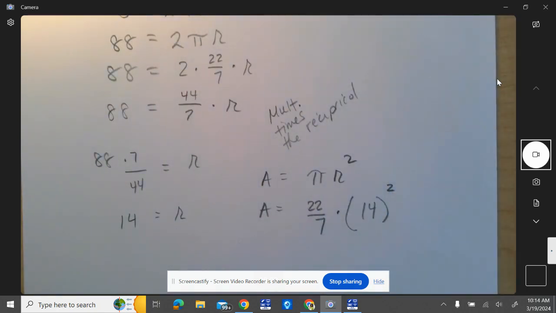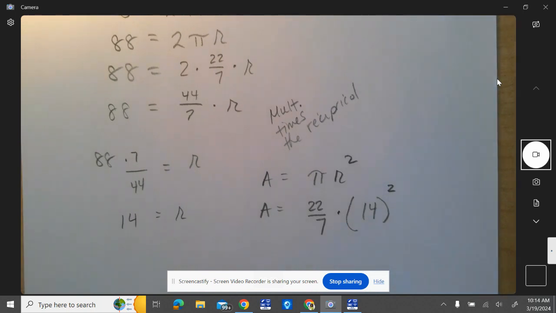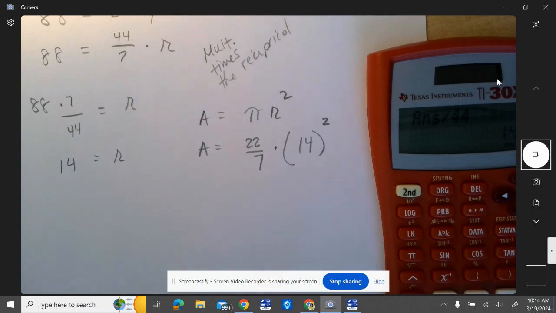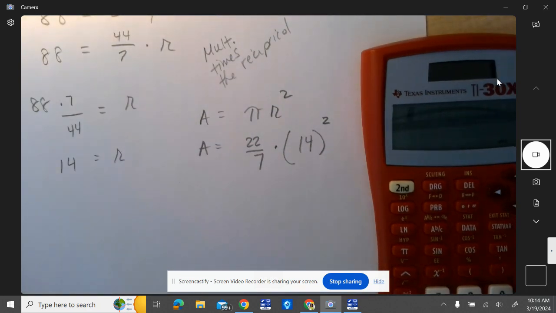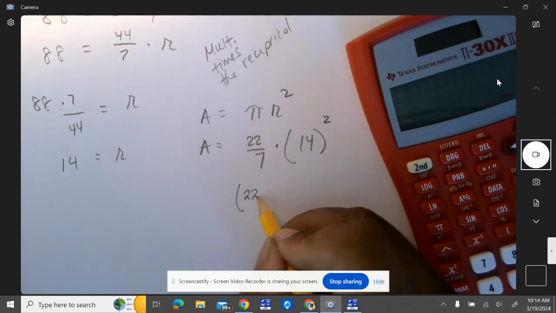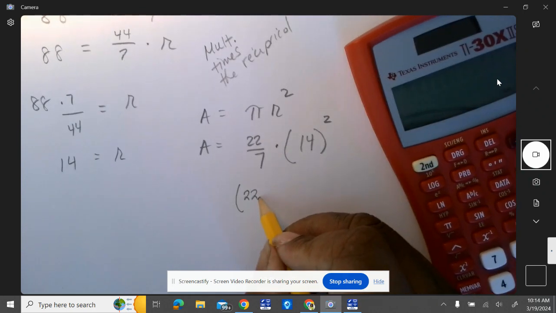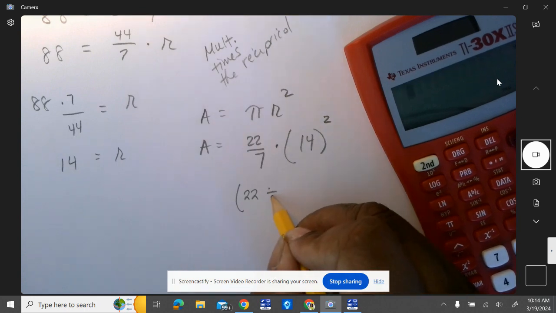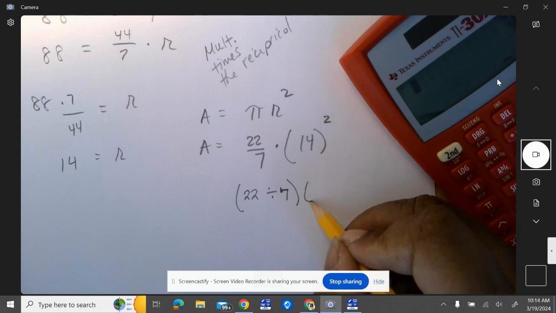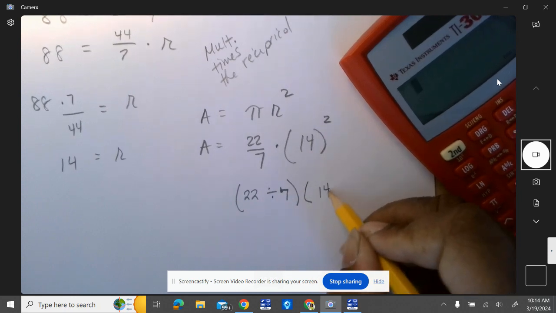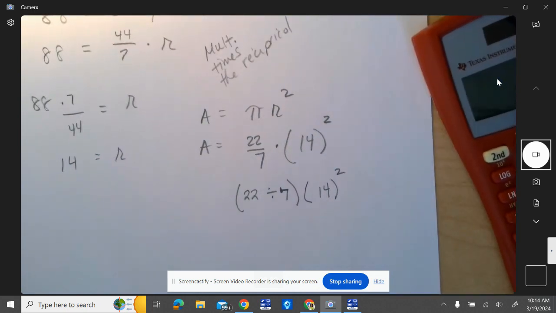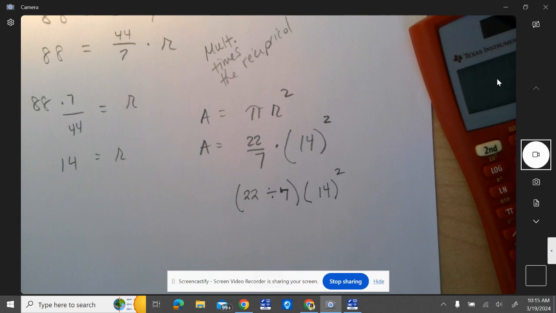So now we can just use our calculator to find our answer. Because they want us to use this fraction, I am going to put it in parentheses. So in my calculator, I'm going to type parentheses 22 divided by 7, then parentheses 14 parentheses squared, because we do have that fraction there.